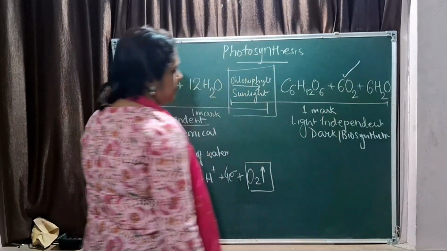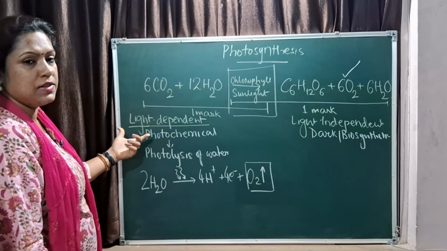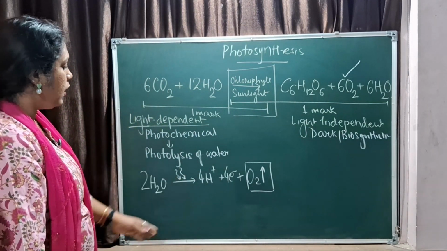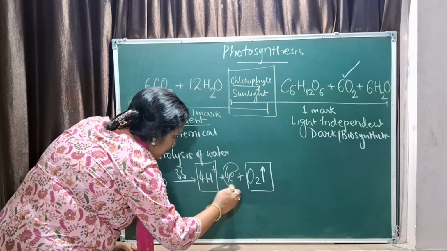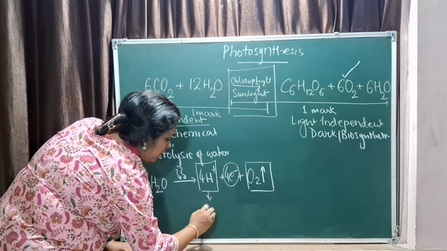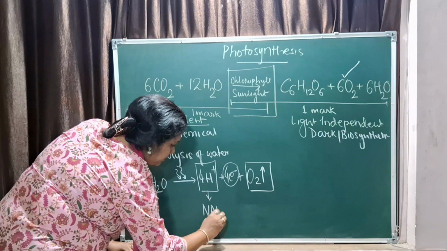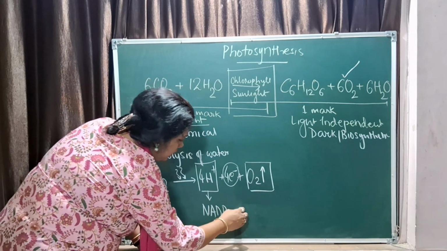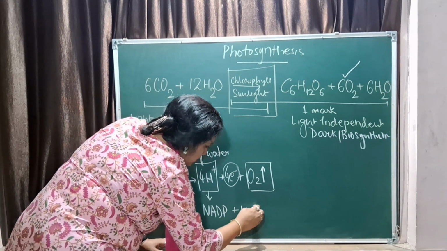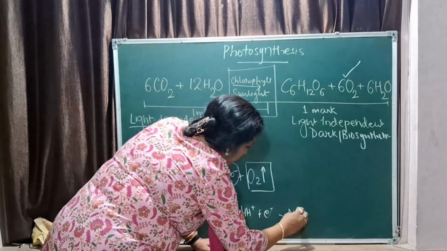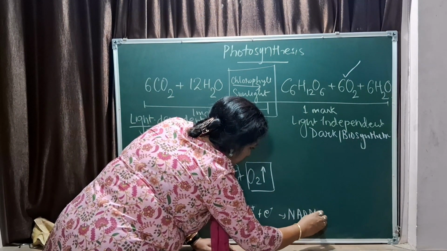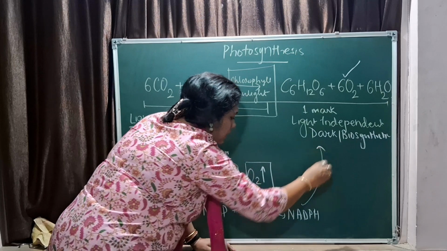This is released in the light reaction. Is that clear? Now what happens to these? This and this helps in reducing NADP. NADP plus 4H plus electrons will reduce it to NADPH, and this will participate in the dark reaction.